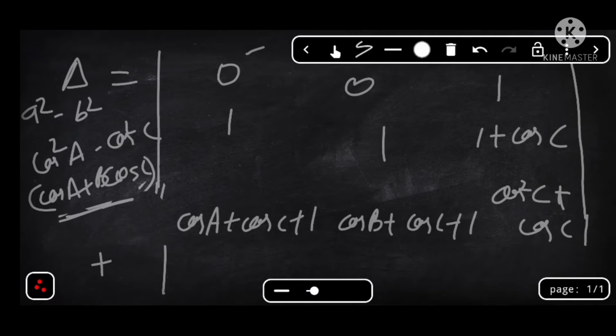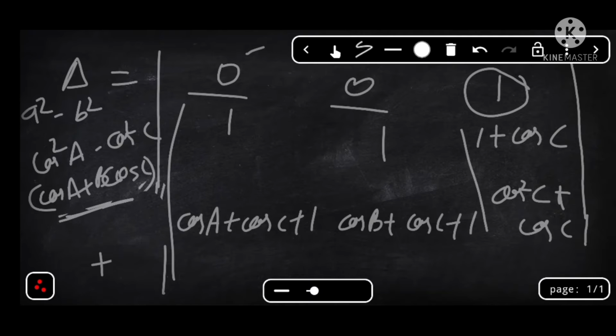Now since these two terms are 0, we don't want to take the determinant of those terms. Just take for 1. If we take for 1, we'll take the determinant of these 4 elements. So let's see that.